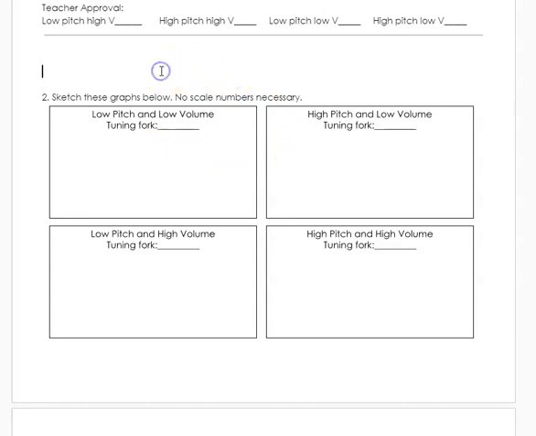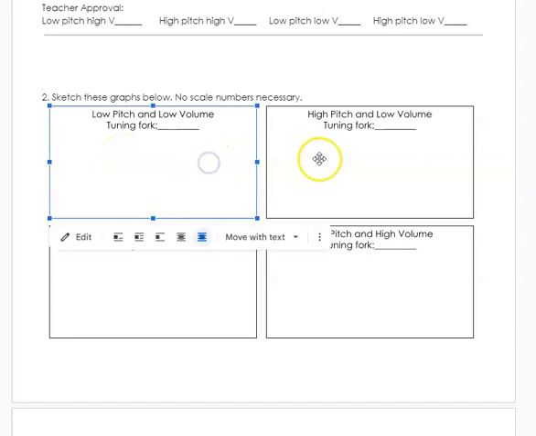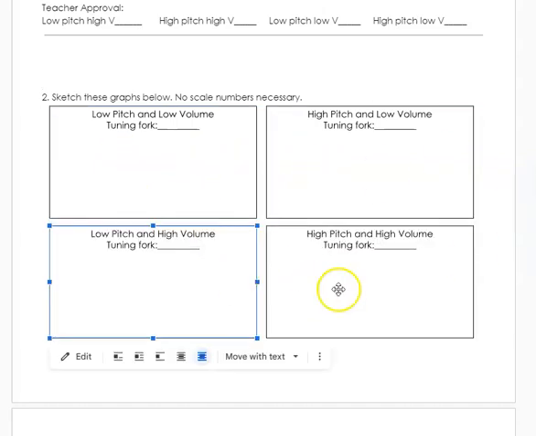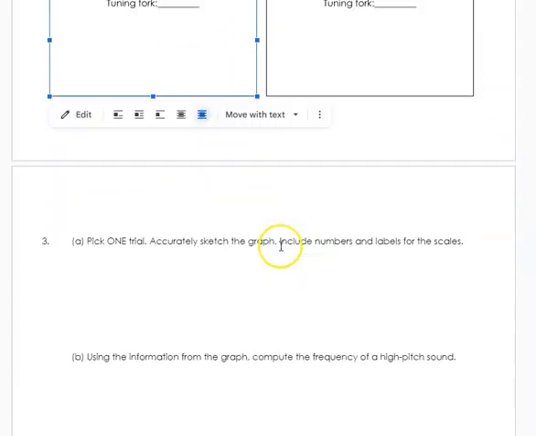I'm trying to just not give this away, but basically the different characteristics of a wave that we're drawing are crest, trough, amplitude, wavelength, and equilibrium, which are the parts of a wave. So when you look at those waves that you're drawing, you want the parts to look different from low pitch to high pitch and from low volume to high volume. So do all those. Make sure they're different.